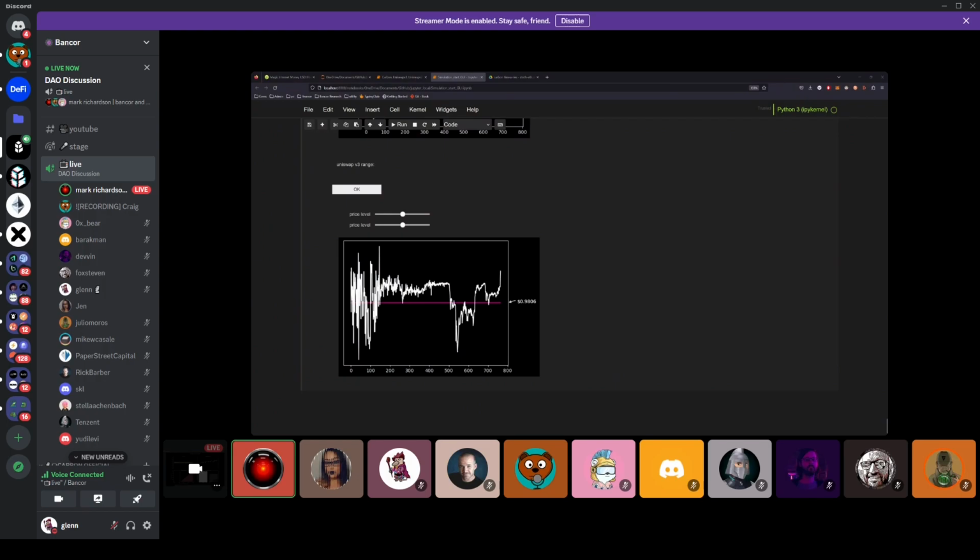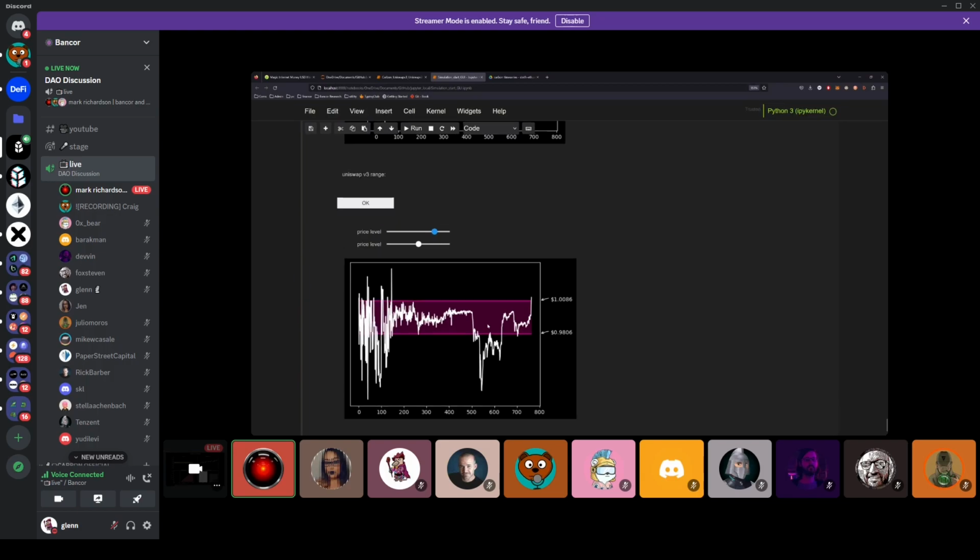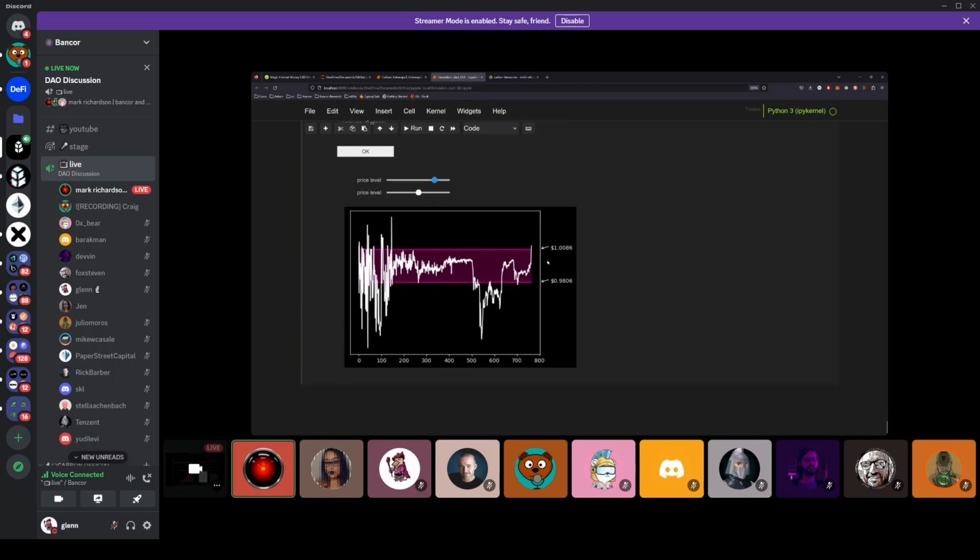0x, if you're there, and you've got a specific range in mind for both protocols, please feel free to let me know. I can even zoom up a little bit here. But basically, remember that these are in terms of ETH. So we can say that when it's spiking high, this is stETH at like 1.009 ETH.